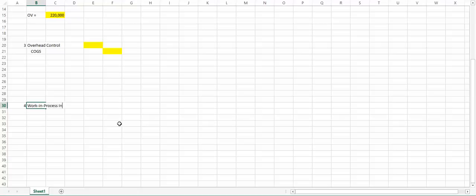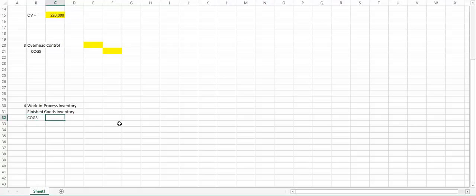So we have our work in process inventory, our finished goods inventory, and these are coming right out of the book. There's no calculations involved at this point. Then we have cost of goods sold.